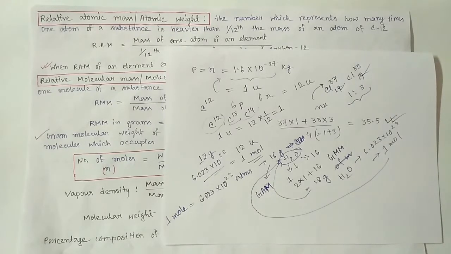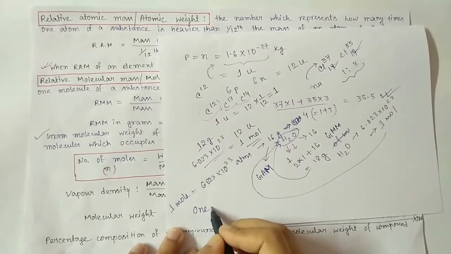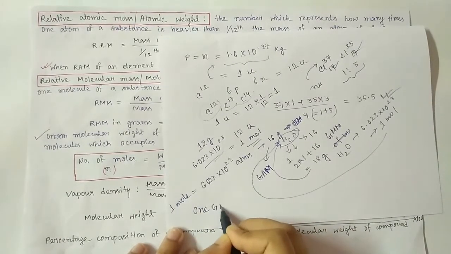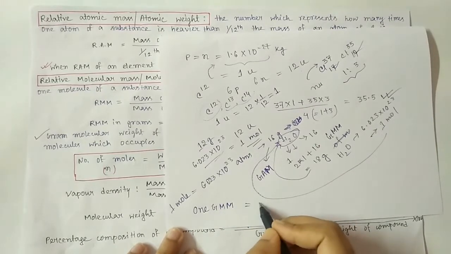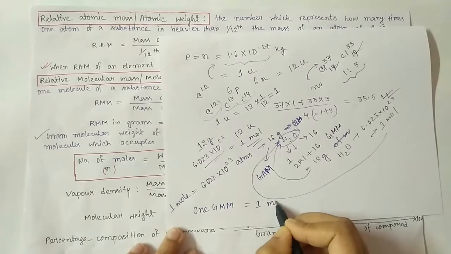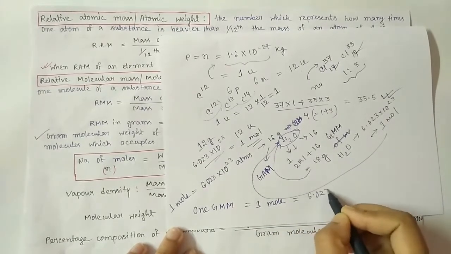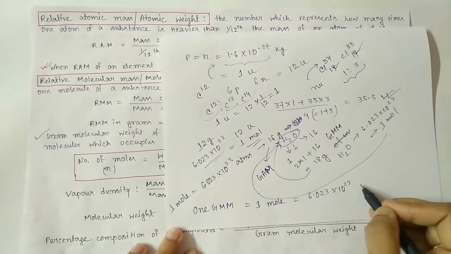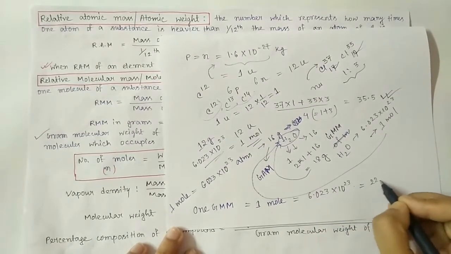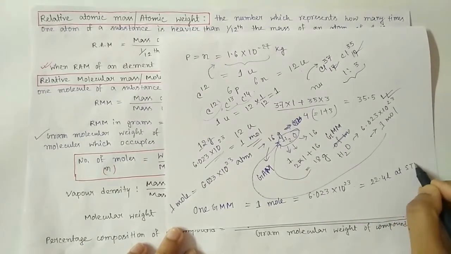So we can conclude that 1 gram molecular mass of any substance is 1 mole, and it has 6.023 × 10^23 number of molecules, that is 22.4 liter at standard temperature and pressure.